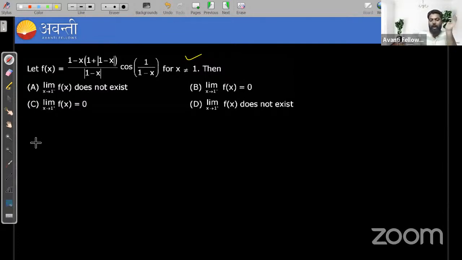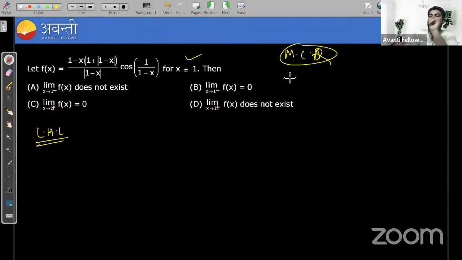That means in the options you have 1 plus and 1 minus. That means you need to find the left hand limit and right hand limit of f of x. So let's first find the left hand limit. This is a multiple correct answer type question.